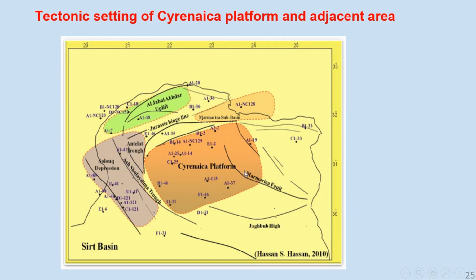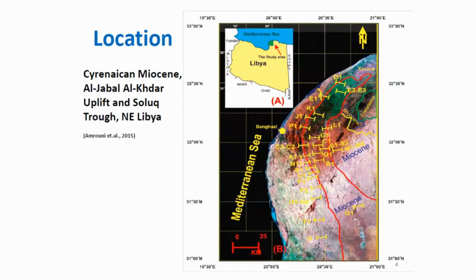You see here Cyrenaica platform is bounded by Sirte Basin to the west and Al-Jabal Akhdar uplift to the north. Location map of the study area. Here, Cyrenaica, northeast Libya, Cyrenaican Miocene, Al-Jabal Akhdar uplift, and Suluq Trough, northeast Libya. The yellow bars here are distributed along 135 kilometers and represent the 29 measured stratigraphic sections.